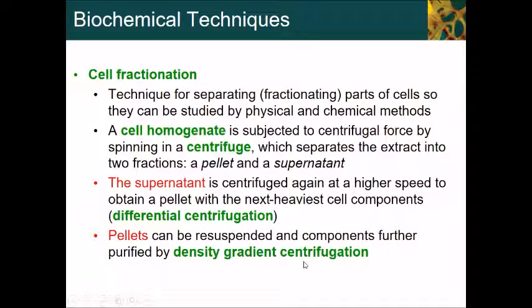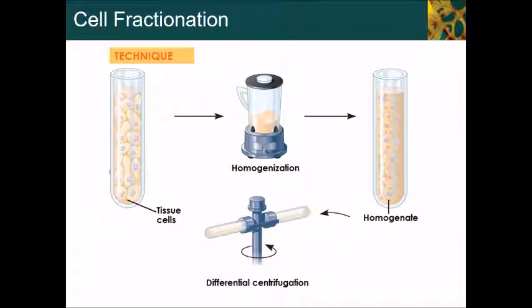So if you want to separate the organelles inside the supernatant, you have to undergo differential centrifugation. But if you want to separate the organelles inside the pellet, you can use the technique of density gradient centrifugation.